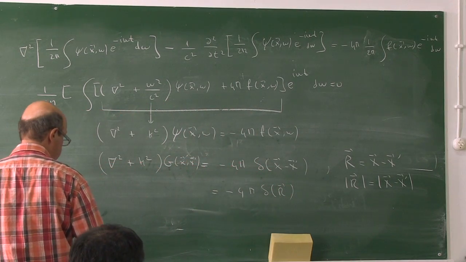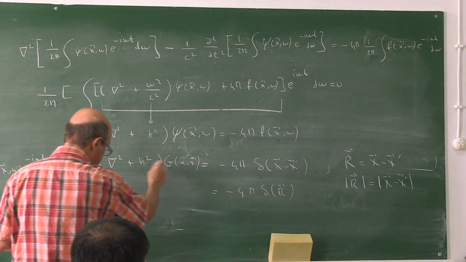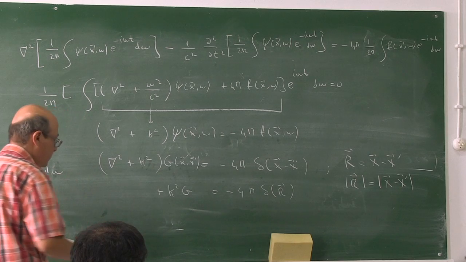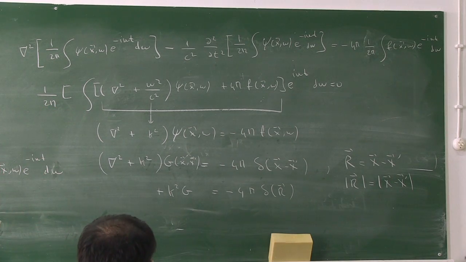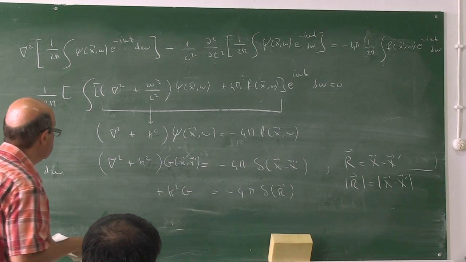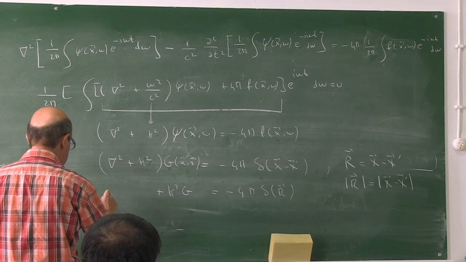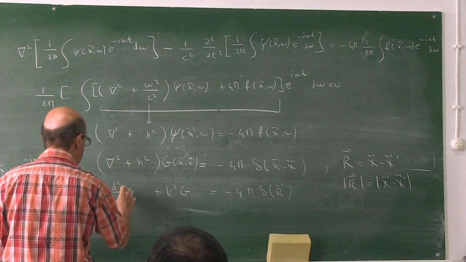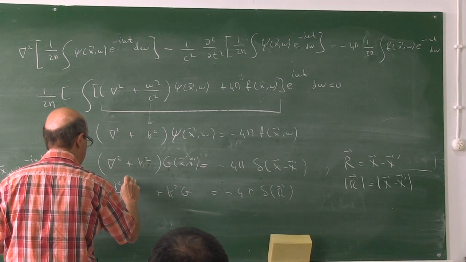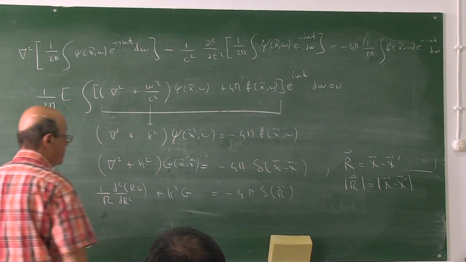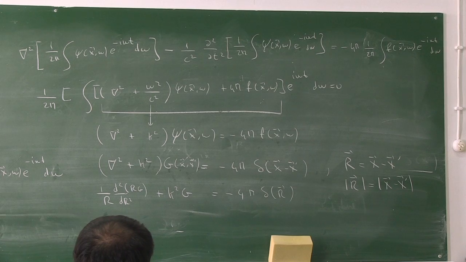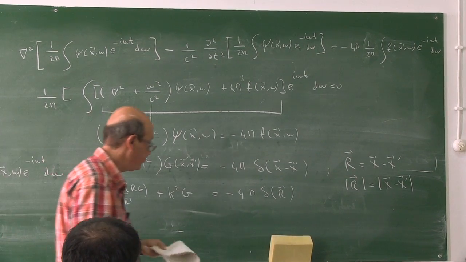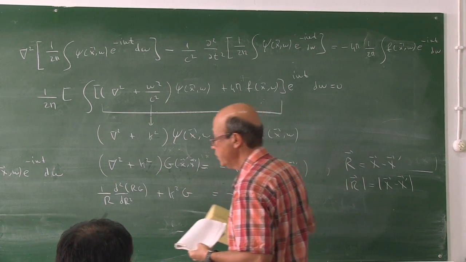And for the left hand side, we have k square Green's function, and you need a Laplace operator. The Laplace operator for the radial part, you can write as 1 over R d square over dR square of R G. I can find the solution of this easily.